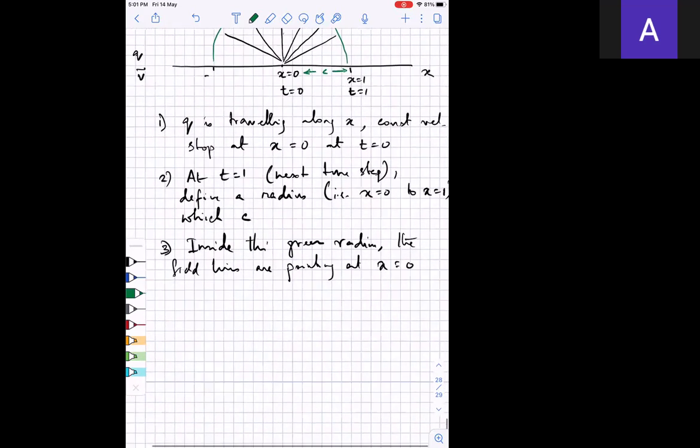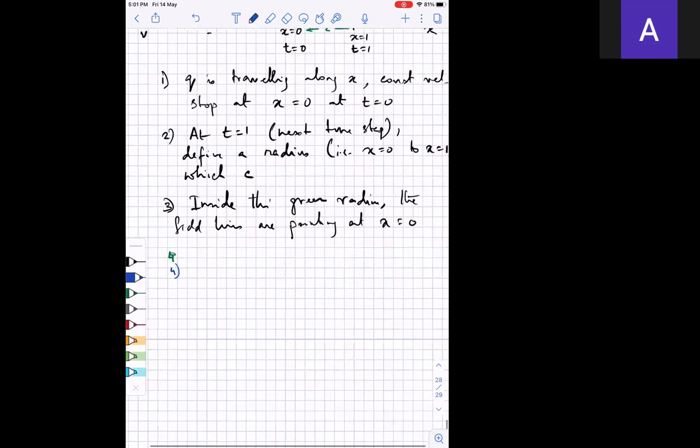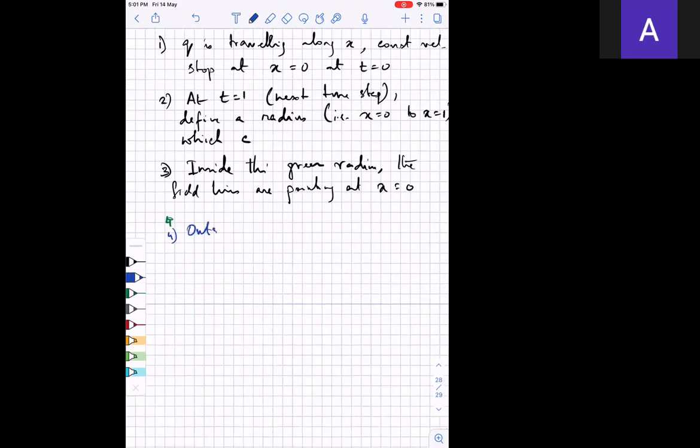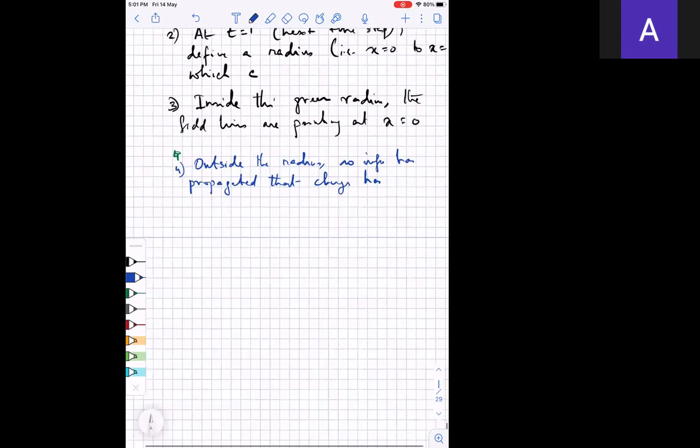So outside the radius, no info has propagated that the charge has stopped at x equal to 0.